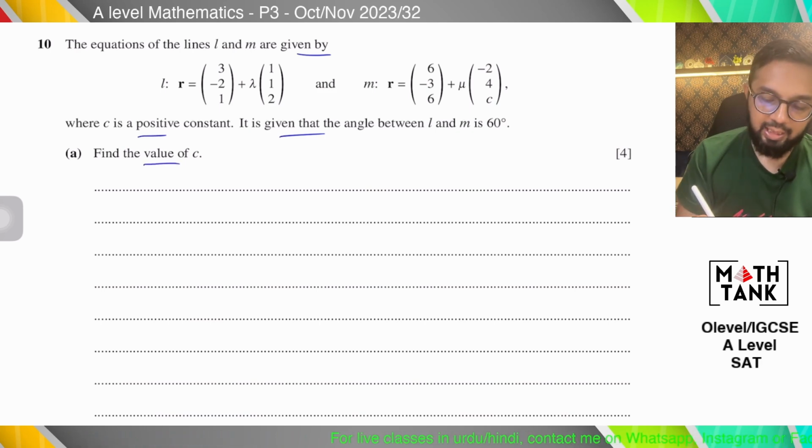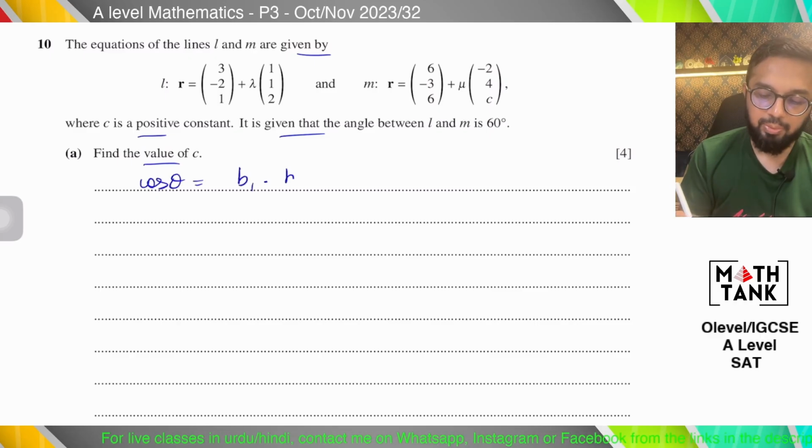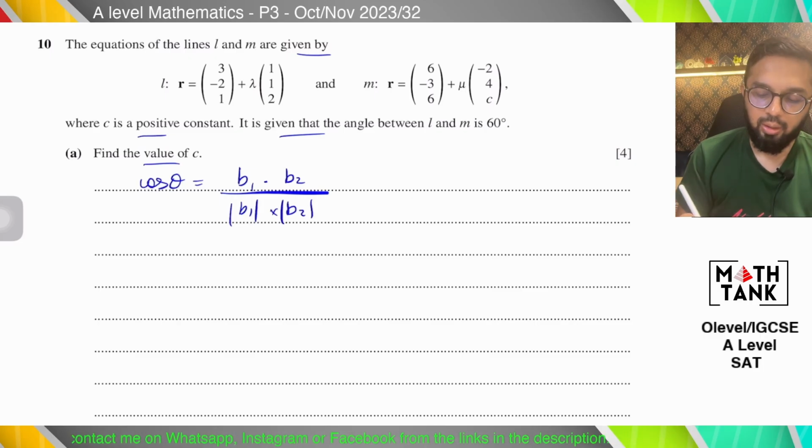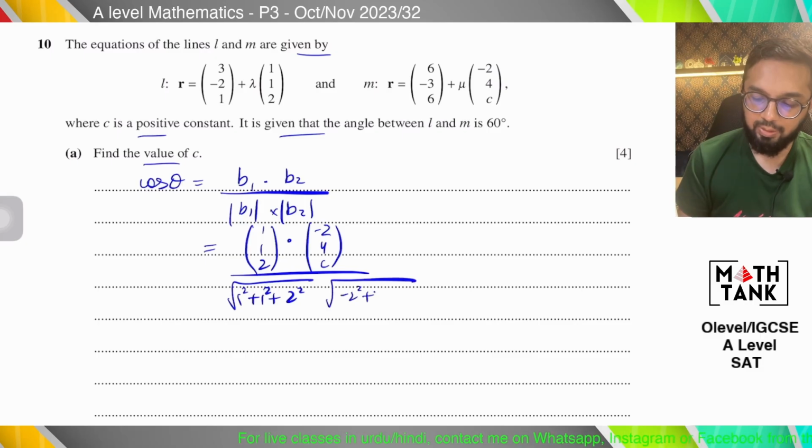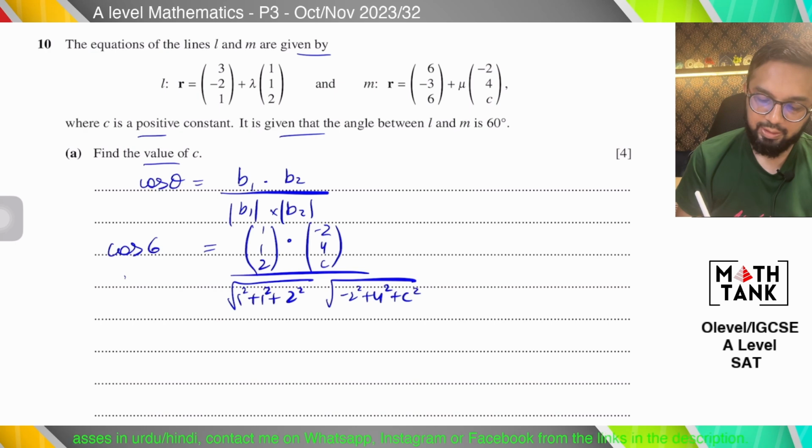Okay, so the angle has a formula that cos theta equals b1 dot b2 over mod b1 into mod b2, where b1 and b2 are the directional vectors, so 1, 1, 2 and minus 2, 4, c. That's root of 1 squared plus 1 squared plus 2 squared, times root of minus 2 squared plus 4 squared plus c squared.